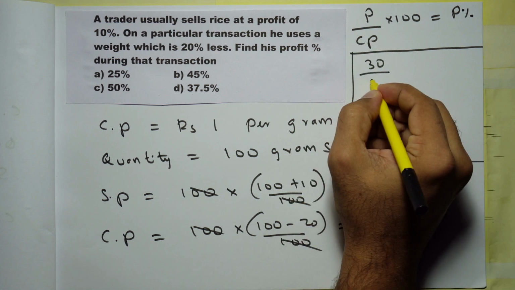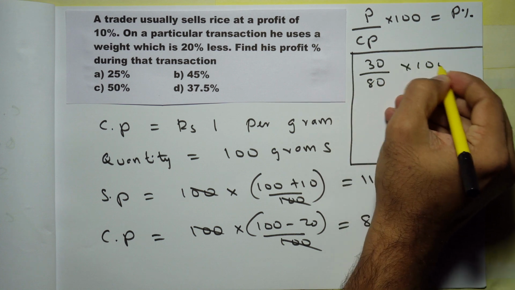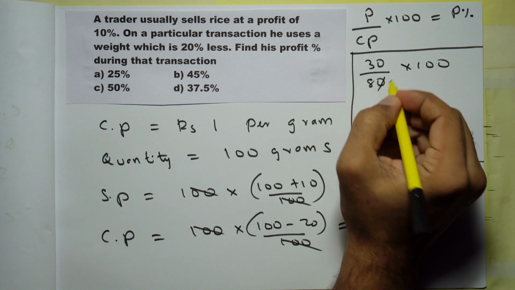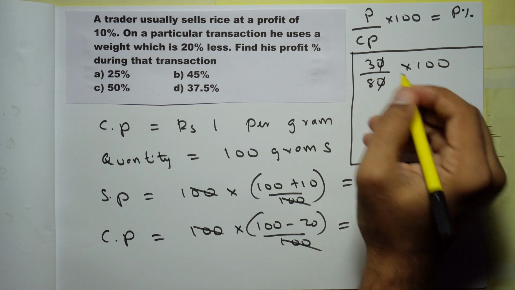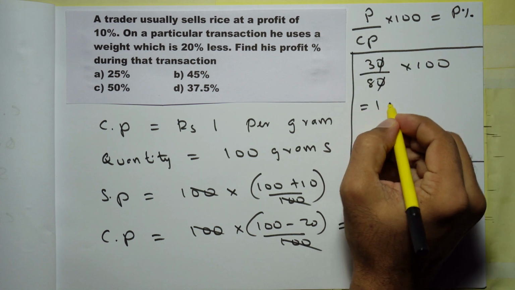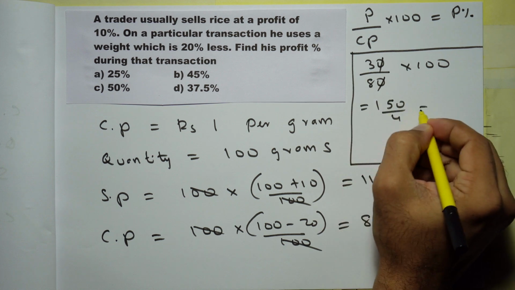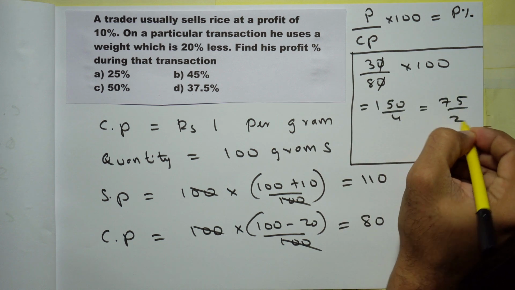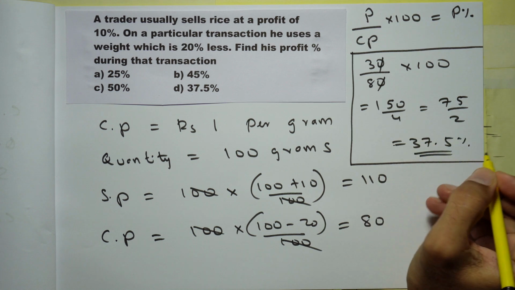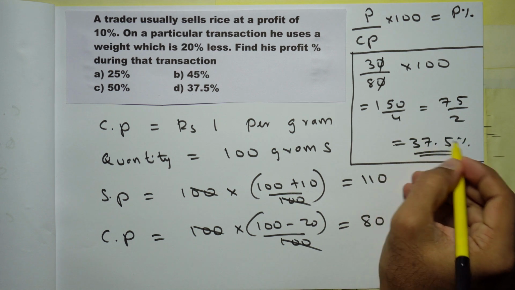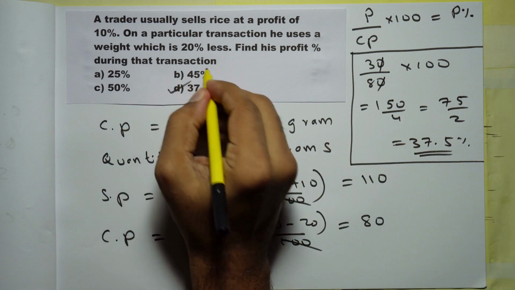Out of CP, that is 80, into 100 gives you profit percentage. I'll cancel out zeros here. So you'll get 300 by 8. 300 by 8 is the same as 150 by 4. That is 75 by 2. That is 37.5%. So his profit percentage will be 37.5, option D.